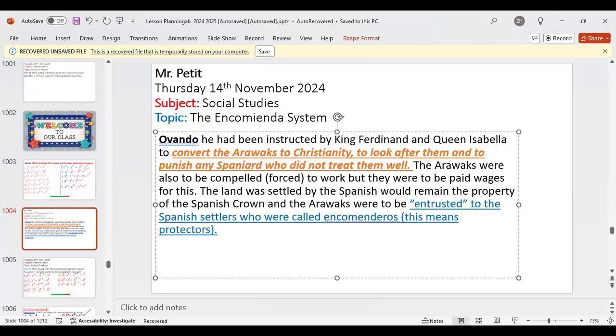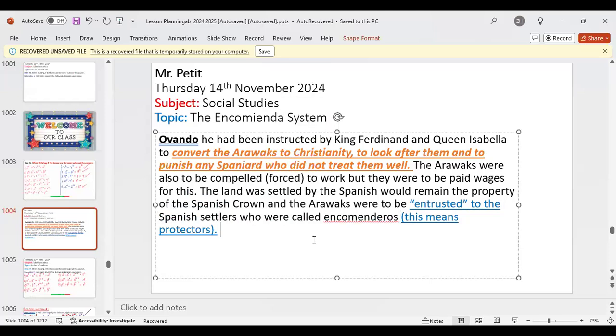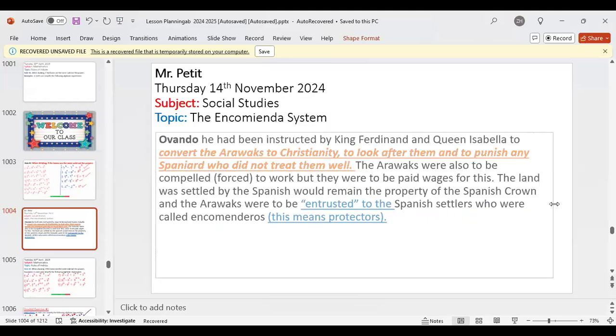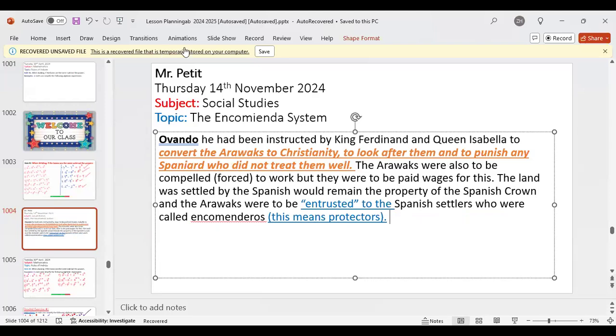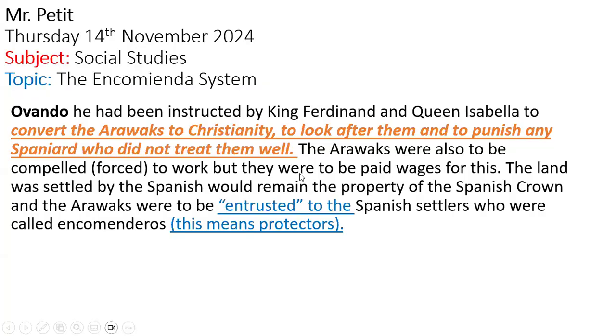So King Ferdinand and Queen Isabella had this wonderful plan. They're saying, hey, any settlers you find in these places, wherever you go, these natives that you'll find, you all are going to convert them to Christianity, look after them, punish any Spanish who try to mistreat them.